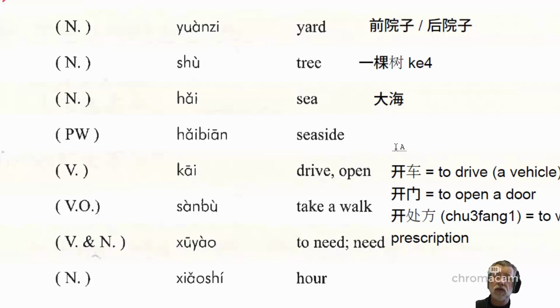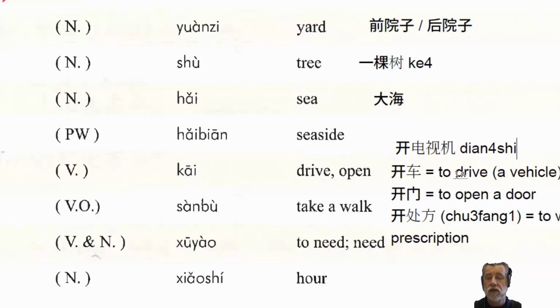Just another one that you might be interested in. In Chinese, when they talk about turning on the television, they say 开电视机. 电视机 is the word for television.